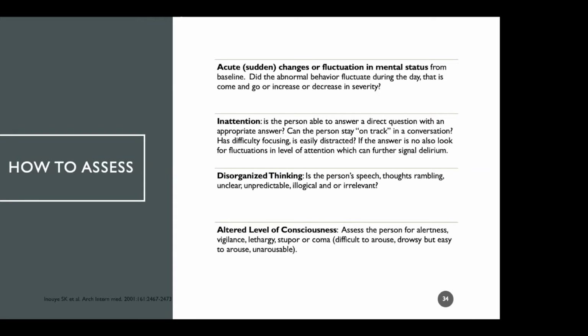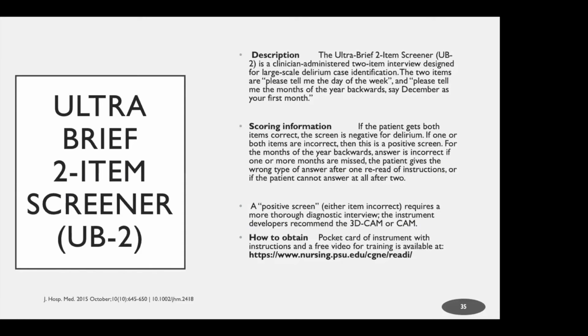So that's what you're looking at when you're looking at level of consciousness. Are they alert? Are they vigilant? Or are they lethargic, stuporous, or in a coma-like state? Next slide. So that's a bigger best standard screening tool.